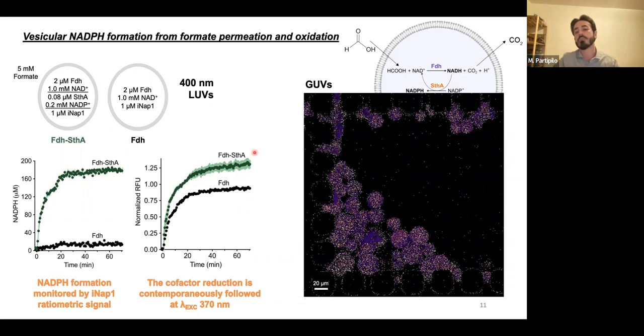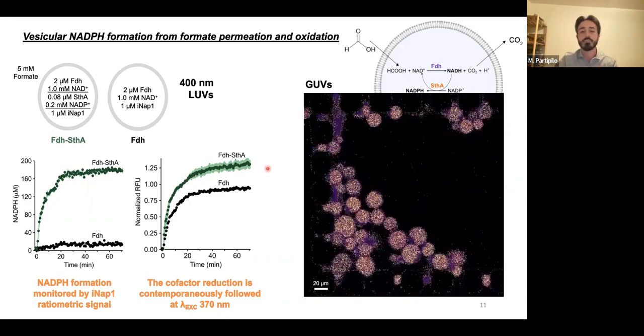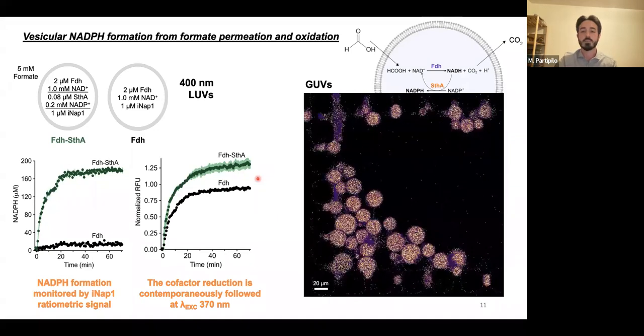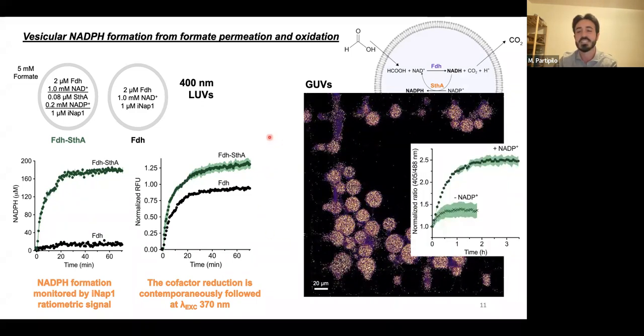And what I'm showing now is not a single wavelength anymore, but what happens when, after dropping the vesicles, you flow formate and you follow the ratio of 405 nanometer and 488 nanometer. In this case, there was no overlay, and I cannot show you the membranes, but I hope you could see what is shown in the Cartesian graph, where the presence of NADP plus can be detected using the ratio 405 over 488.